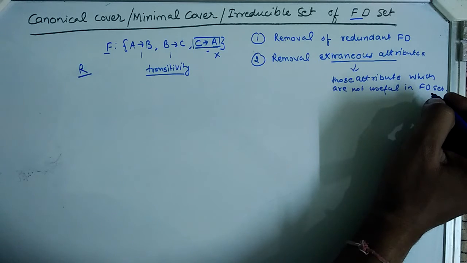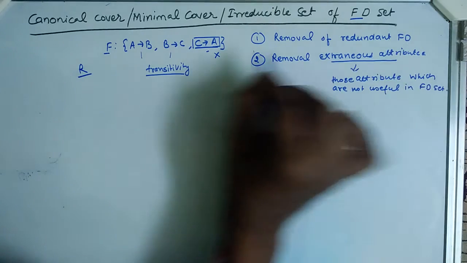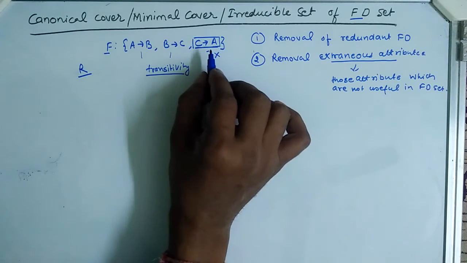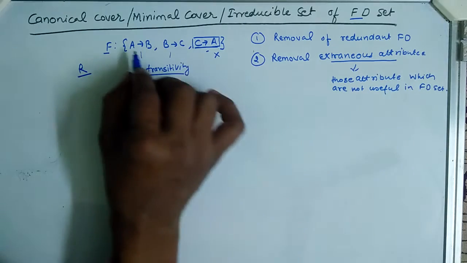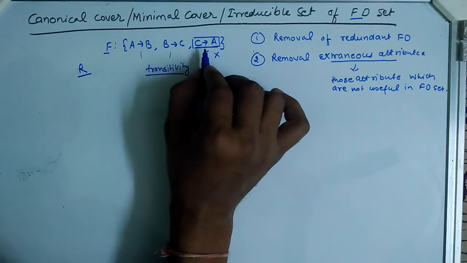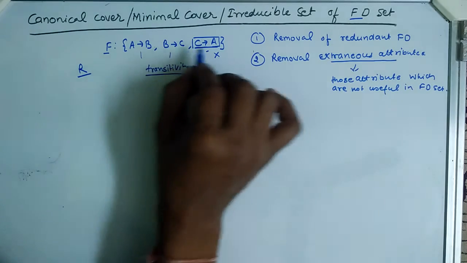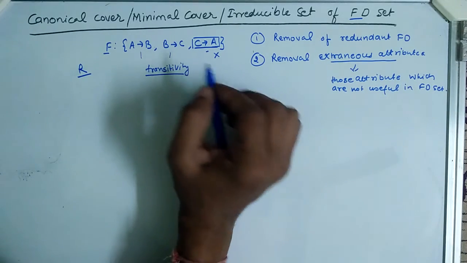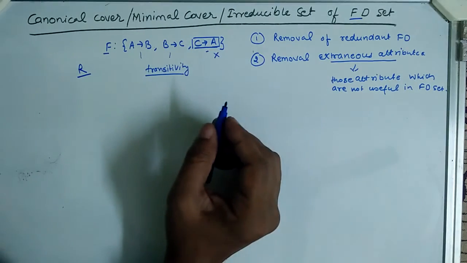To eliminate the redundant functional dependencies from the given set, we need to check the closure of the LHS side of the functional dependencies, and if we find the same functional dependency from the closure, then that may be a redundant thing. So we will understand this concept by the example.